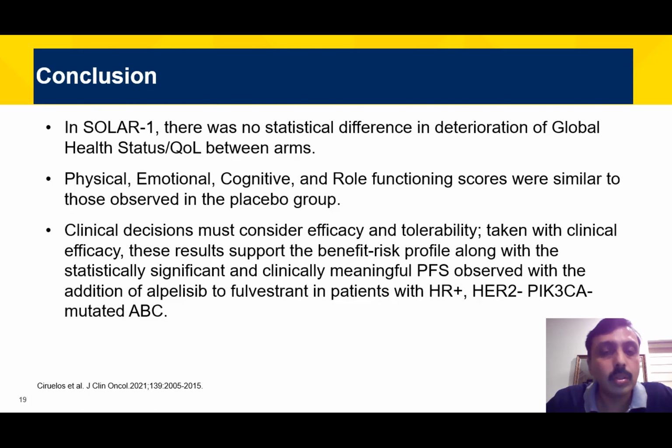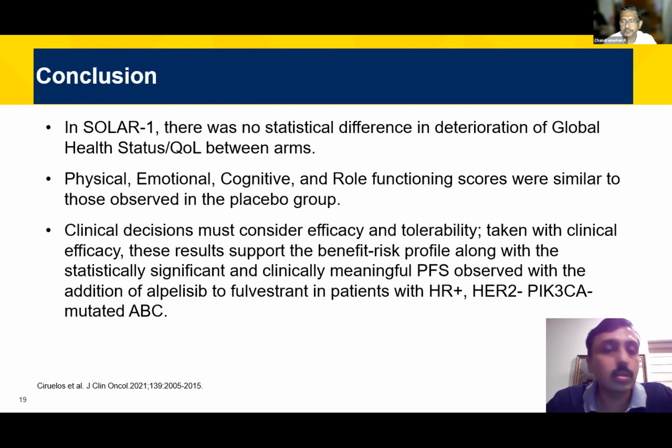The physical, emotional, cognitive, and role functioning scores were similar to those observed in the placebo group. So this is again a good thing, and I feel that as clinicians, particularly when we are dealing with more and more metastatic breast cancer patients with more toxic and more costly therapies, we should try to look at whether we are really improving these things.